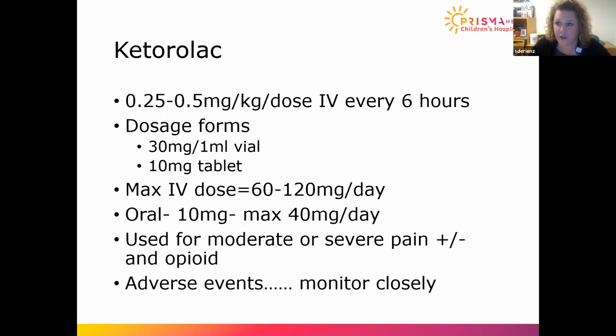I don't have to remind you about the Lewis-Blackman policy in the Practice Act about that because of the adverse events that ketorolac can have. So again, this is a drug that should be highly respected. It's a great drug. It needs to be utilized in patients, but it also needs to be closely respected and monitored.